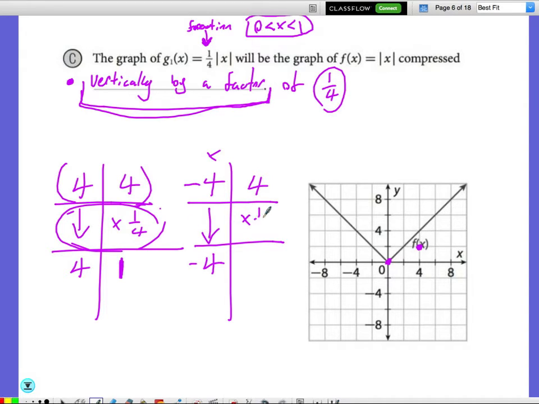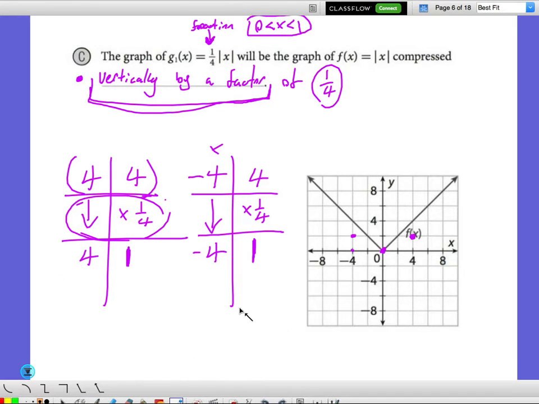And this time on the right hand side we have to multiply by 1/4, so this is going to be 1 again. Same thing that we have here. And so we're going to go -4 to the left and up 1. And when we connect these dots, that is going to give us our transformation. There we go.